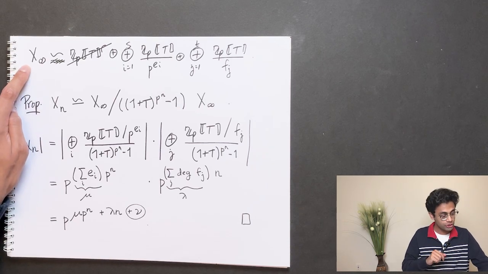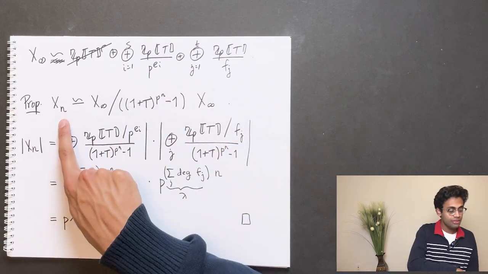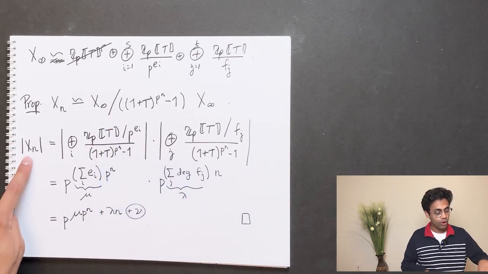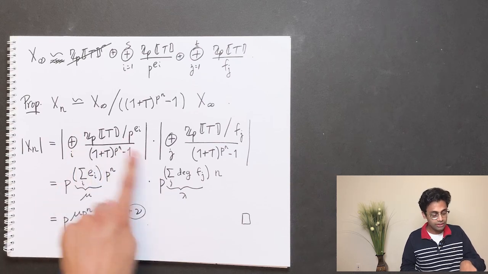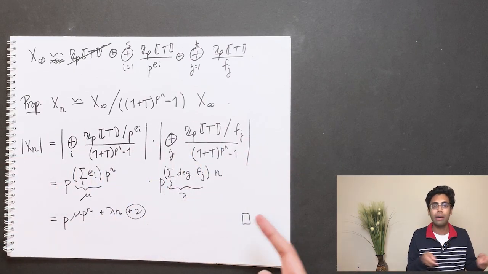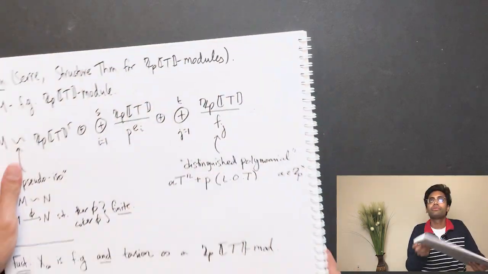Therefore, applying the structure theorem, it's pseudo-isomorphic to this stuff. This proposition tells us Xn is a quotient of X infinity. Therefore, we can calculate the size of Xn by calculating the size of these various things, and when we do that, Iwasawa's theorem just pops out. Okay, that's how this proof goes.